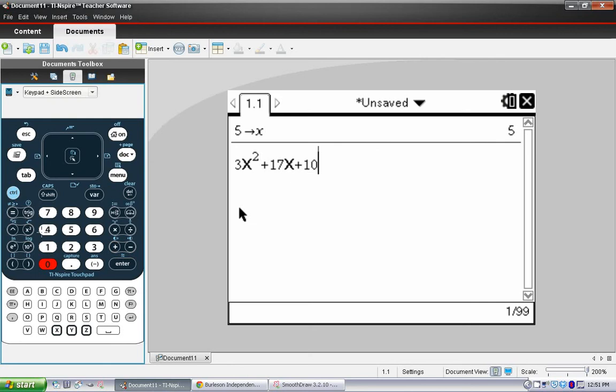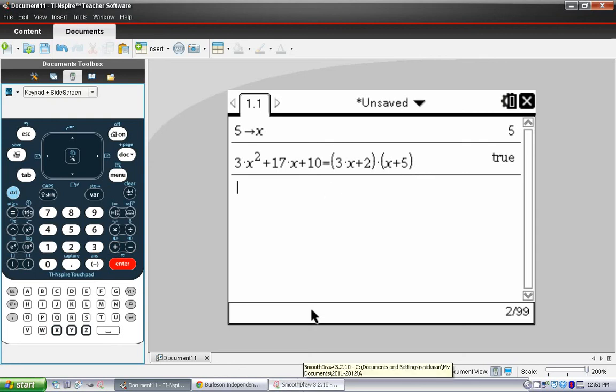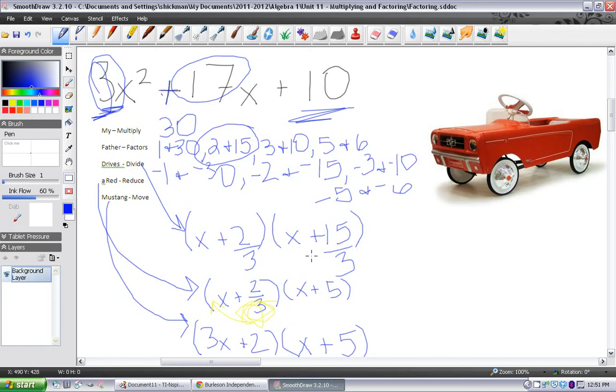And then I hit my equal sign. And now I type in the answer, which in this case is 3x plus 2, and that has to be in parentheses, and x plus 5 in parentheses. I hit enter, and I get true, so I know that I did my work correctly, and that is the correct answer. So that is how you factor a trinomial.